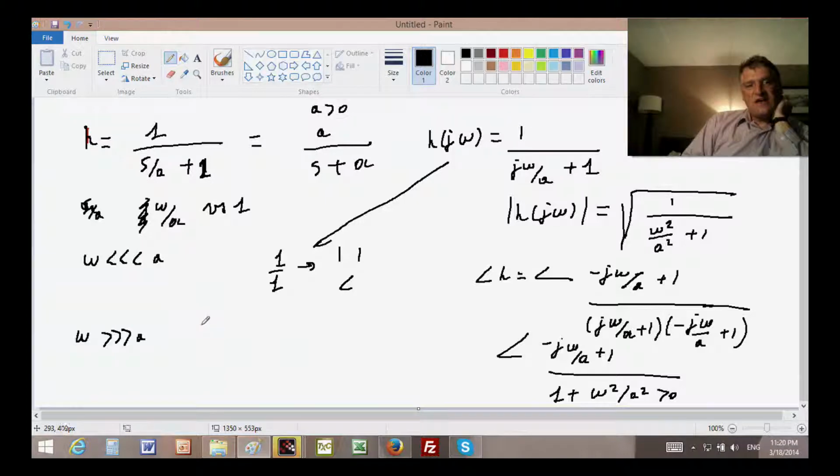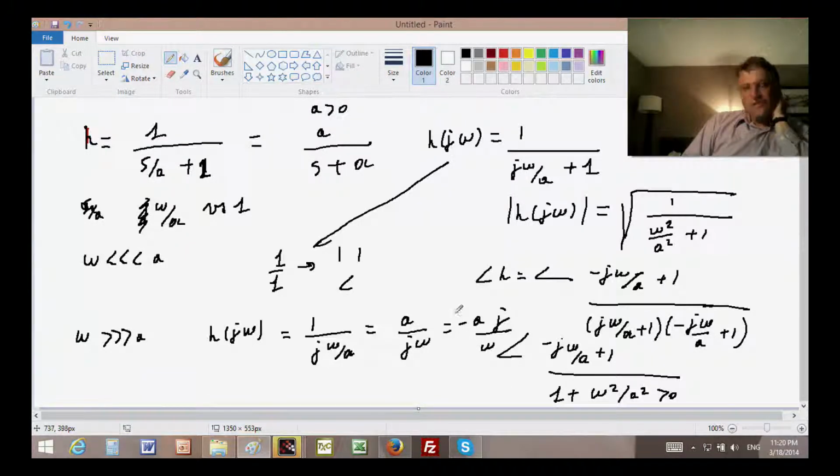Now, what happens when omega is much greater than a? Then h of j omega really looks like as if the 1 here became a negligible term, and this becomes 1 over j omega divided by a, which is also a over j omega, or minus a times j divided by omega.